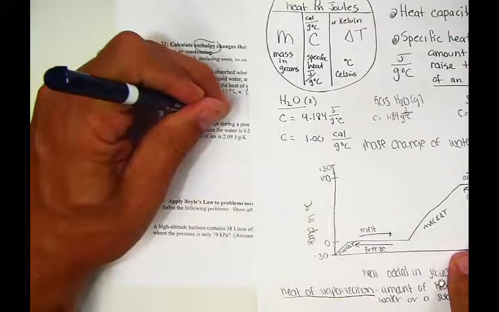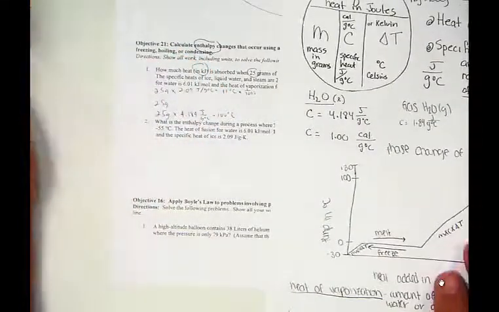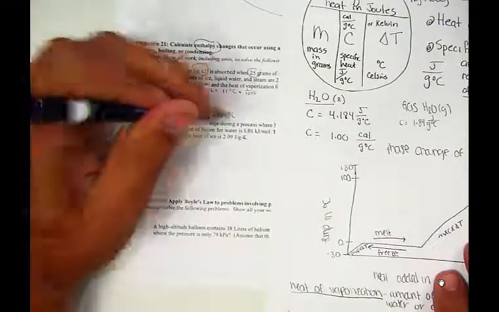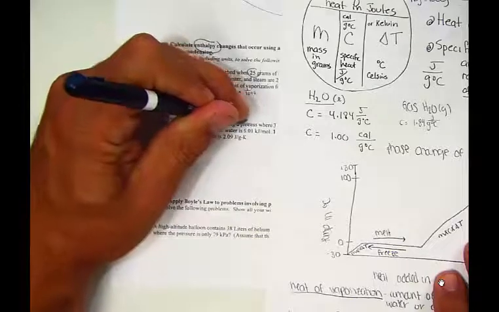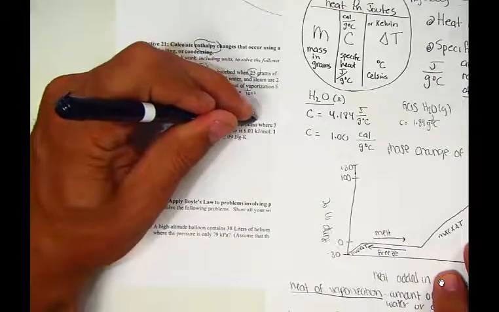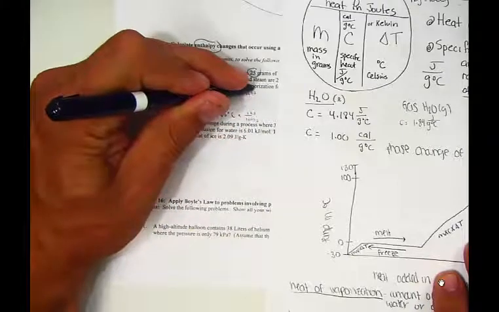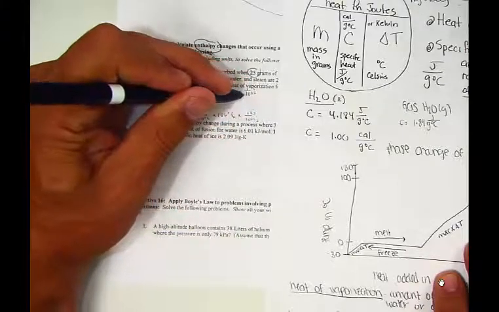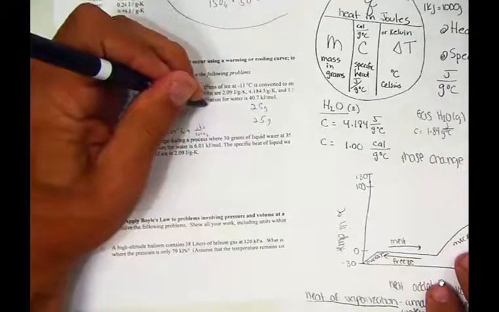So this will be 100 degrees Celsius as my change in temp. Since again that's in joules, I'm going to multiply by 1/1000, because 1 kilojoule is 1,000 joules. So that one is set up.